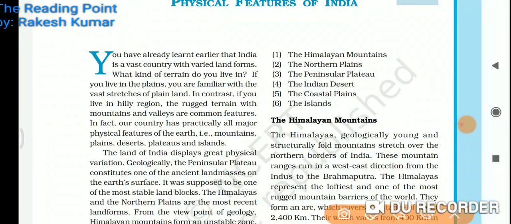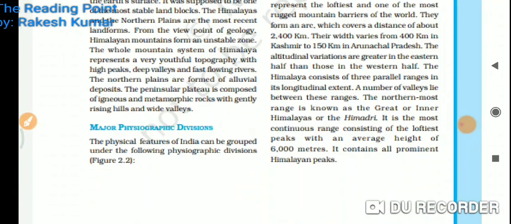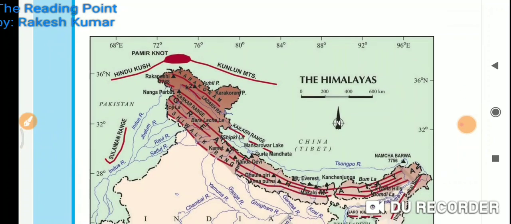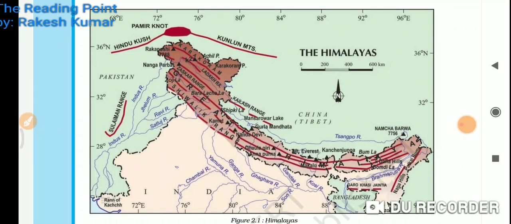These divisions are the Himalayan mountains, the northern plains, the peninsular plateau, the Indian desert, the coastal plain and the islands. When we see the map of India, we can easily see these physical features of India.